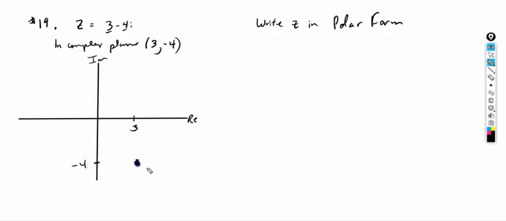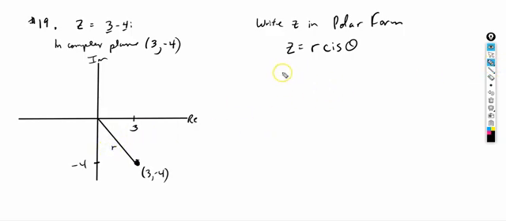That's where our point is going to be. Okay, now let's find the polar form, which is going to be r times cis theta. So let's find r. R, by definition, is the distance from the origin to our point in the complex plane.